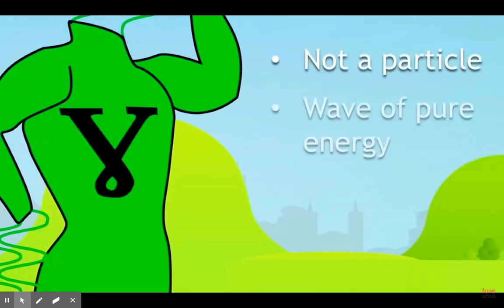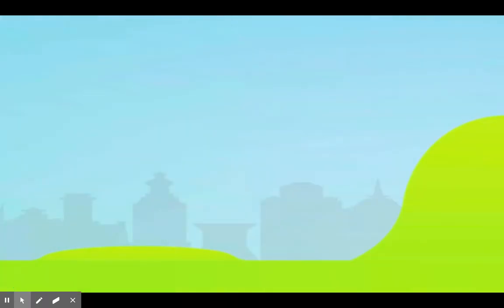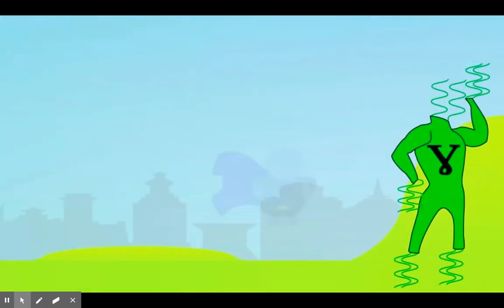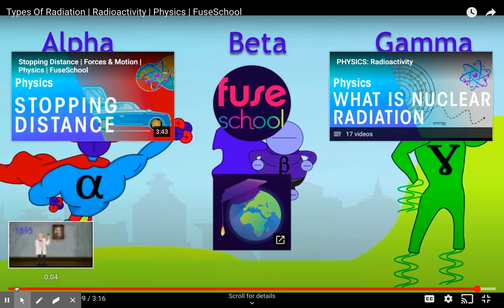Gamma radiation is a wave. That means it's just pure energy, which goes up and down as it goes through the air. And because it's got no charge, and it's got no mass either, it just keeps going. And it's very, very difficult to stop. So gamma radiation is the most penetrating. It has no charge and it has no mass. And it's not affected by a magnetic field.